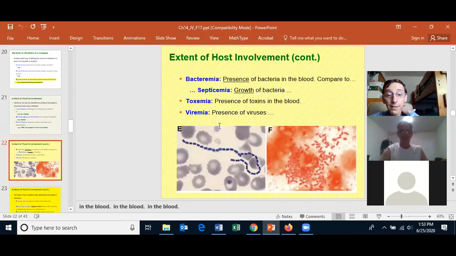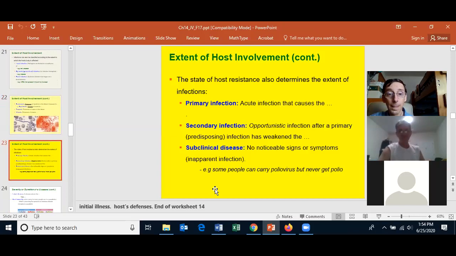Viremia is just the presence of viruses in the blood. So talking a little bit more about the extent of host involvement, the state of the host resistance also determines the extent of an infection, meaning how well the host immune system is, how good the host health is, can determine how the host responds to the disease.